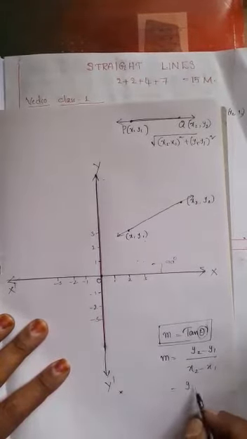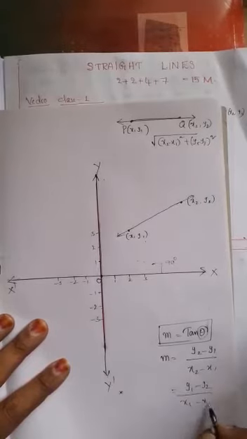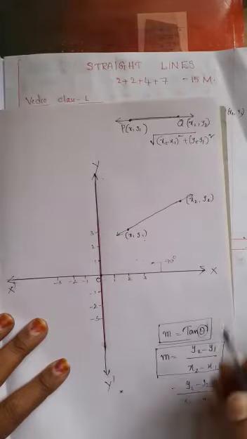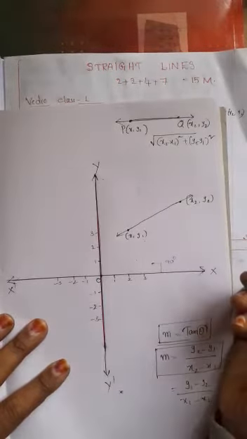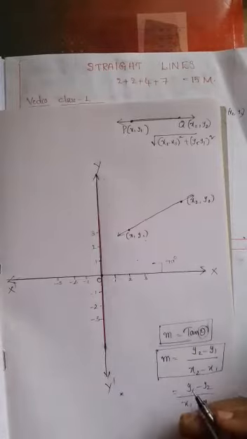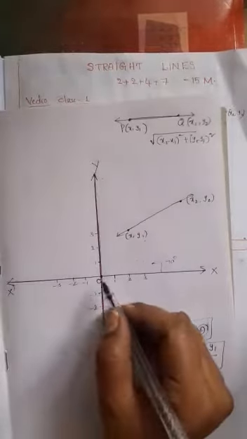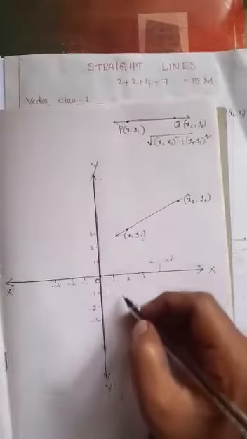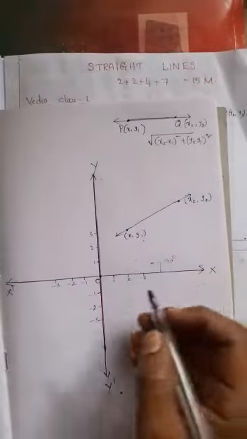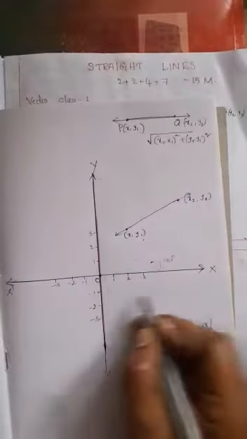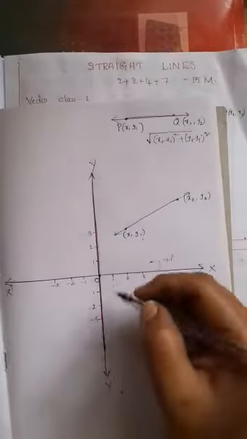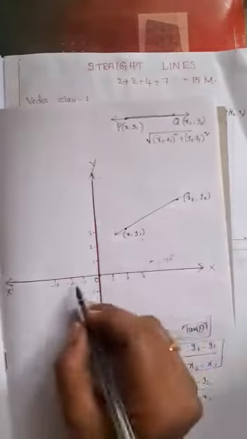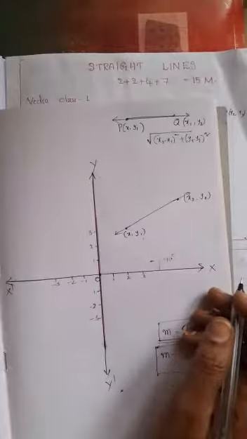You may also take it as (y1 minus y2) by (x1 minus x2). This is the formula to find the slope using the coordinates. And the slope of a vertical line is undefined, and the slope of a horizontal line is 0.